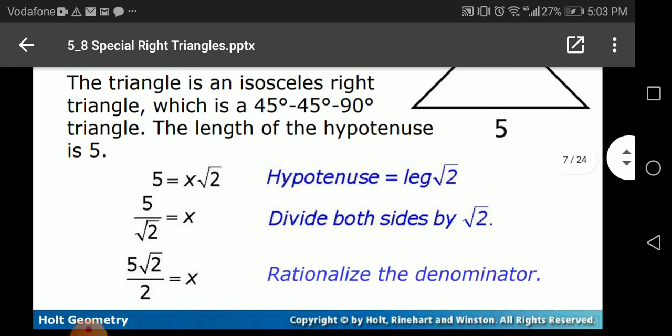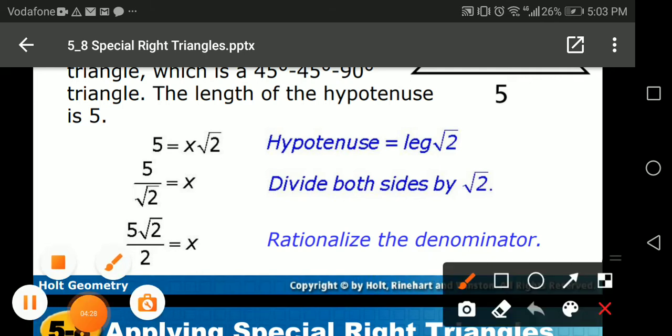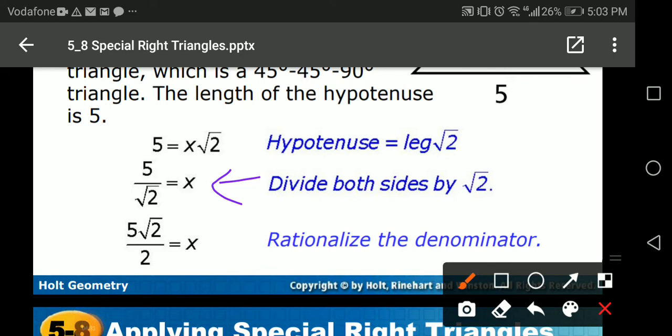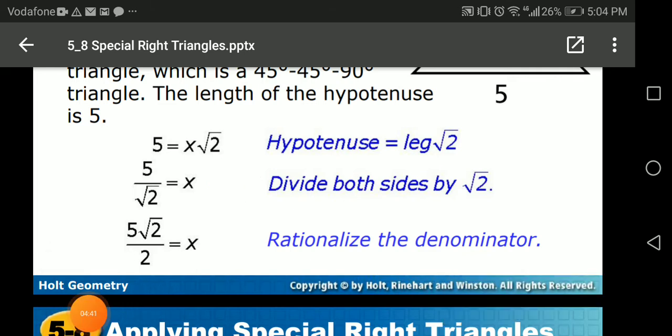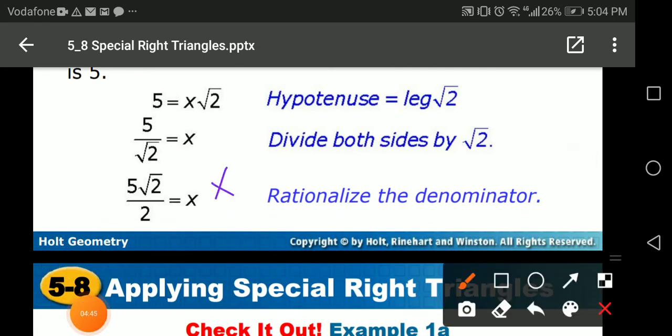I got 5 over square root 2 equals x. Then what should I do? I have to rationalize here.